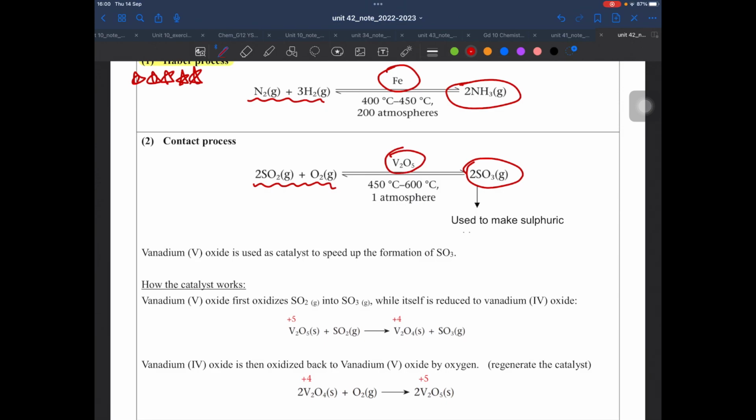Again, that's it. But some of you may wonder, sulfur can form SO2 and SO3, but how come we seldom find SO3, for example, when burning fossil fuel? How come we cannot form SO3? Because if SO3 is formed, it is used to make sulfuric acid.